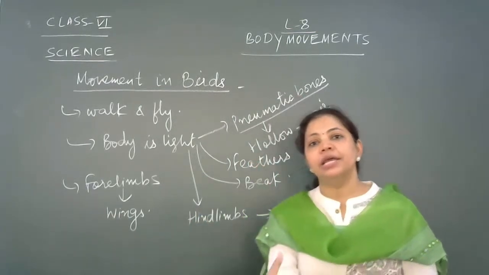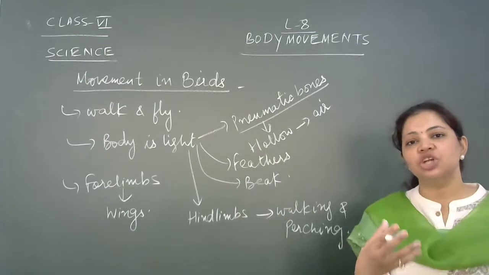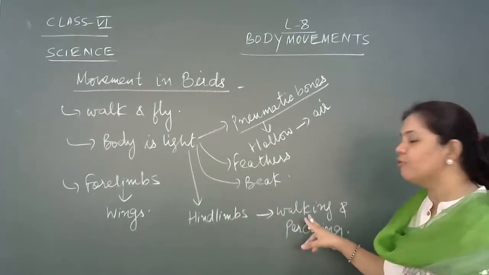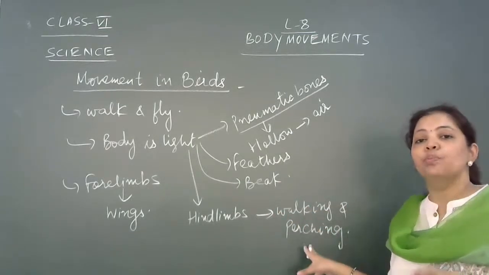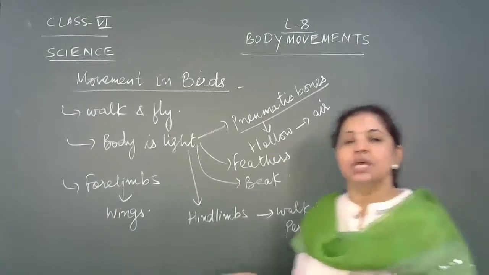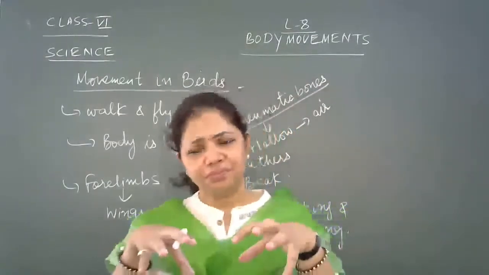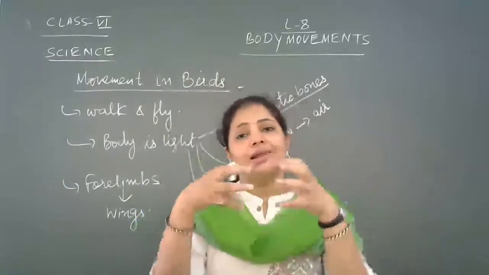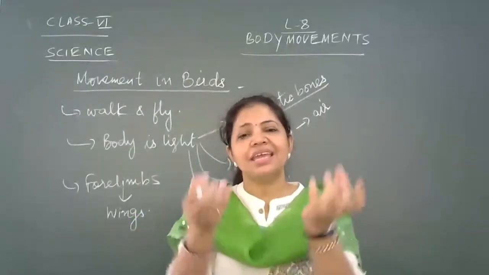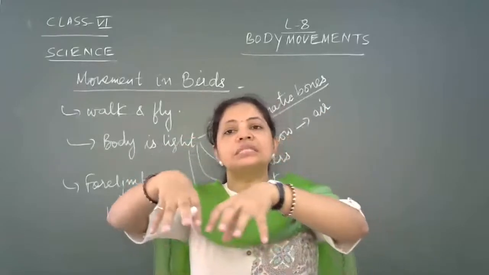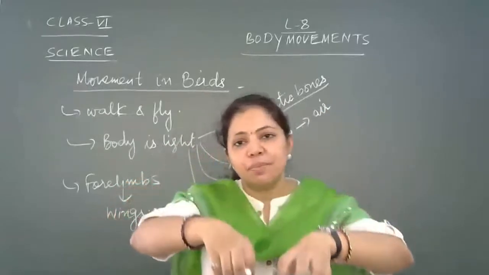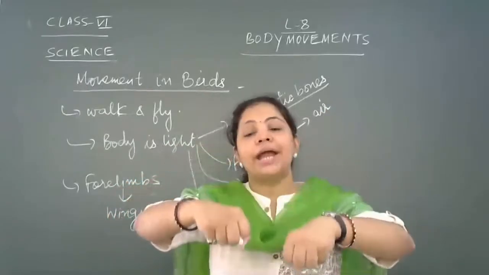Those hind limbs are modified in such a way that they help it to walk on the ground and to perch upon. Now perching means, you might have observed the shape of the legs of the bird, that they can grab a stem or any kind of support with their hind limbs.